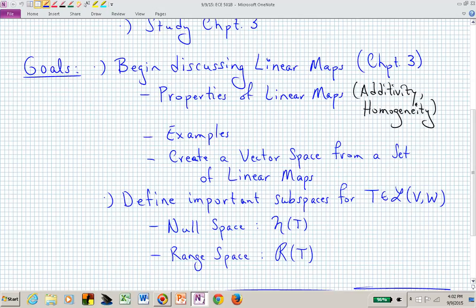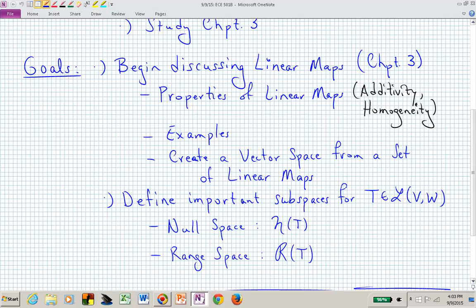We want to now talk about the maps between vector spaces, and in this class we will usually be focusing on linear maps. We'll start that discussion by saying what properties a linear map has to have, and that's additivity and homogeneity.